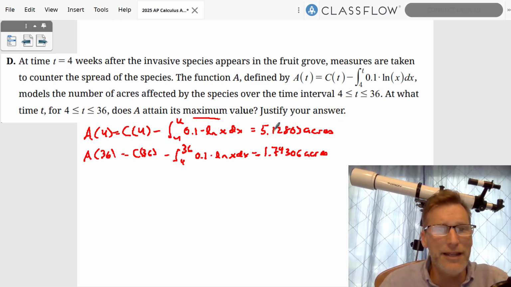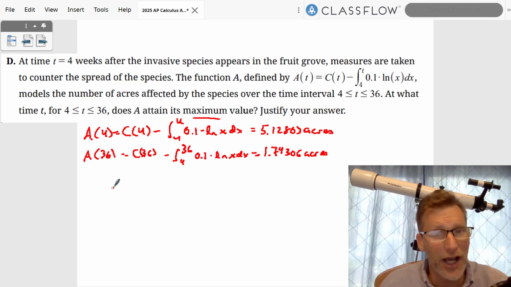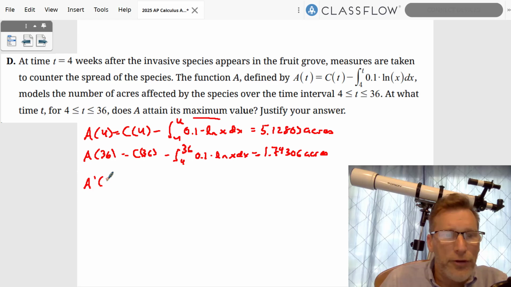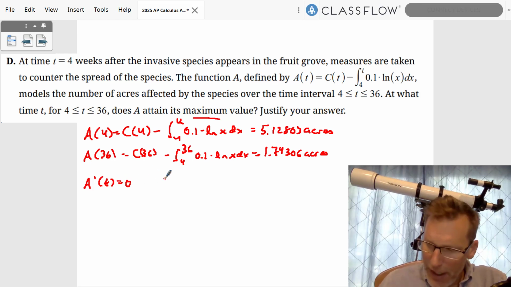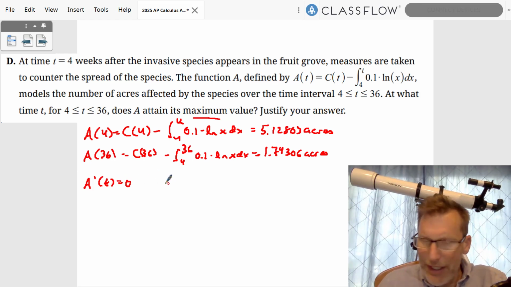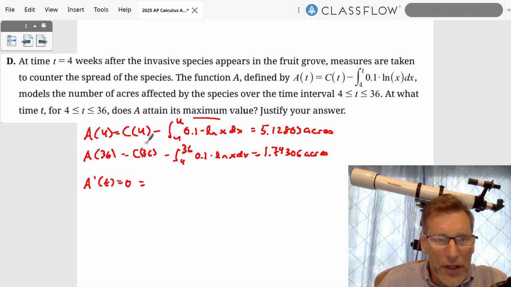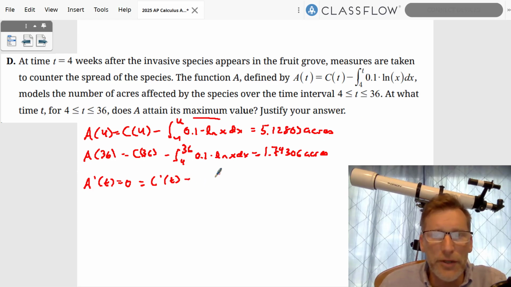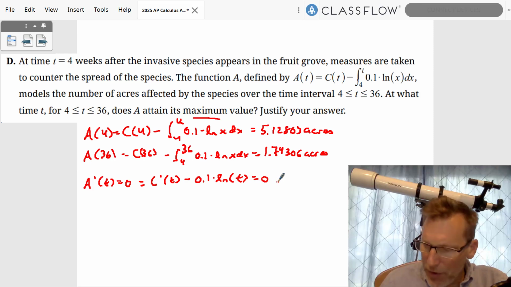So right now we're trying to find the maximum value. Right now the 4 weeks is the maximum value, but there could be a time at which we're going to hit a maximum value at some point between 4 and 36, which means we have to set A prime of T equals 0. And so what we need to do is we need to take the derivative of C of T, which is C prime of T, minus the derivative of the integral, that's the fundamental theorem of calculus, which means minus 0.1 times natural log of T, and we're going to set that equal to 0.